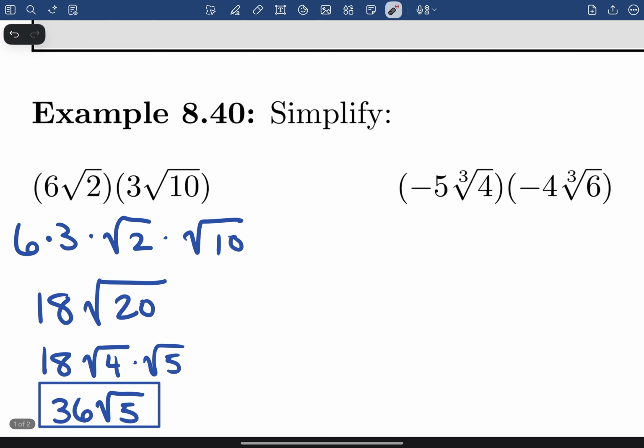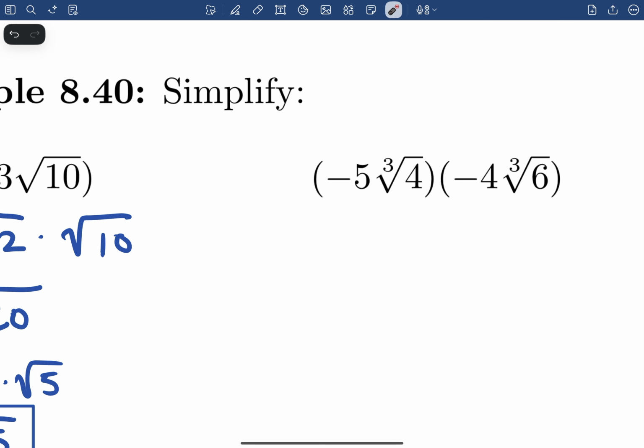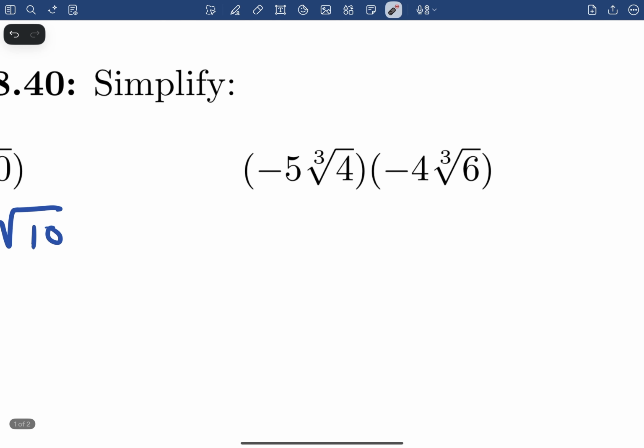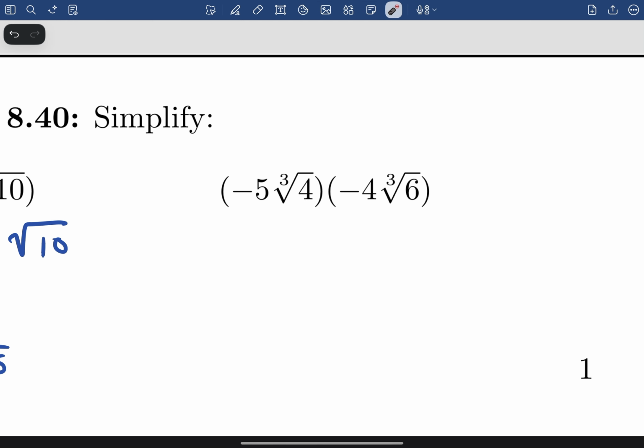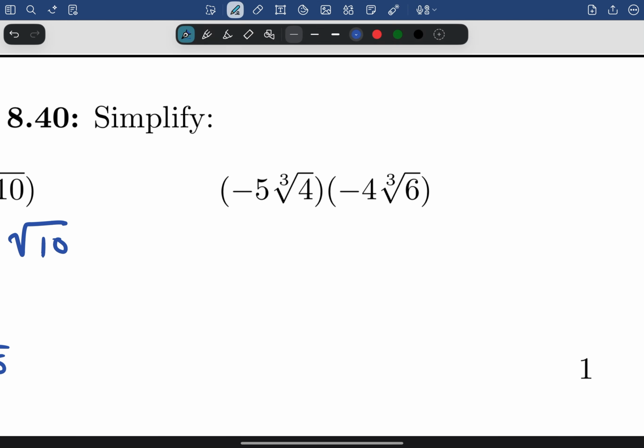Let's try another, and this time let's play with negatives a little bit. Well, this one's pretty easy because a negative times a negative is a positive. And so you could immediately just make those both positive. Negatives are gone. Don't even worry about them in this case.